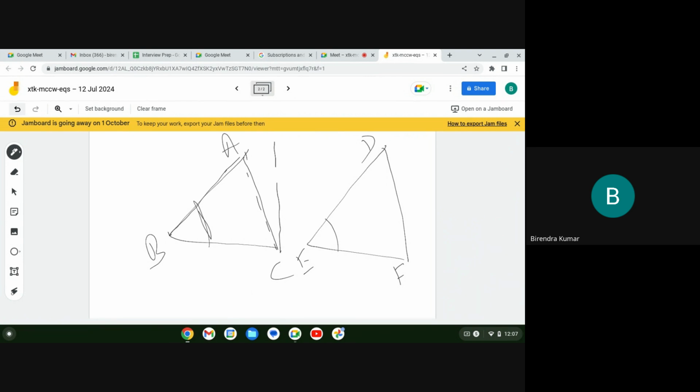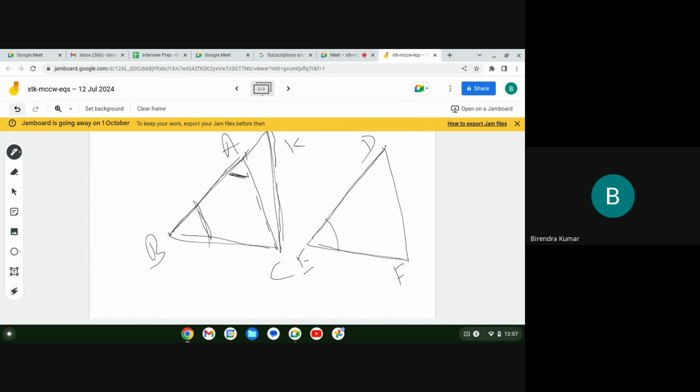When we had drawn this one, I'm saying that here to here, AB, is equal to DE, and BC is equal to EF. I'm saying AC is not equal to DF. Rather, CK is equal to DF.